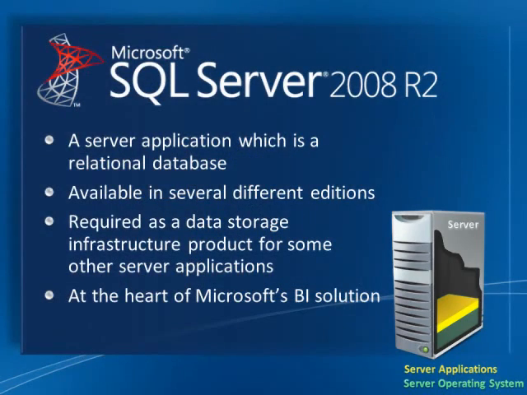The latest version of SQL Server is SQL Server 2008 R2, and it has a number of roles. It is our server-based relational database. As I've already mentioned, it is required as a back-end storage infrastructure product for some of our other server applications, such as SharePoint Server, and it is at the heart of Microsoft's business intelligence solution.